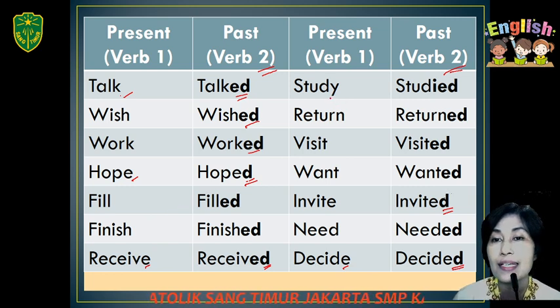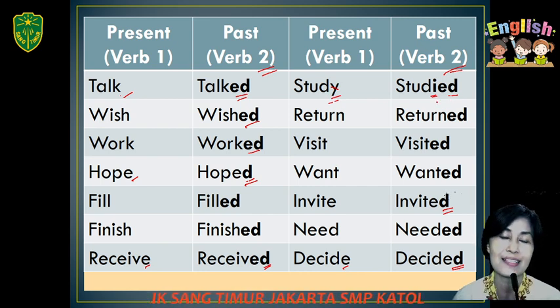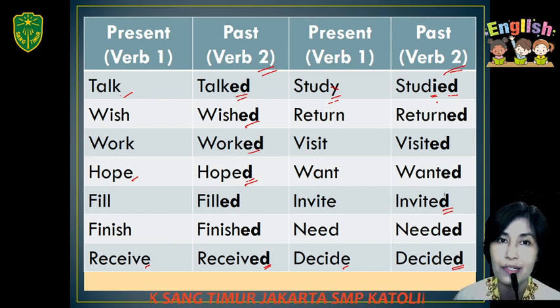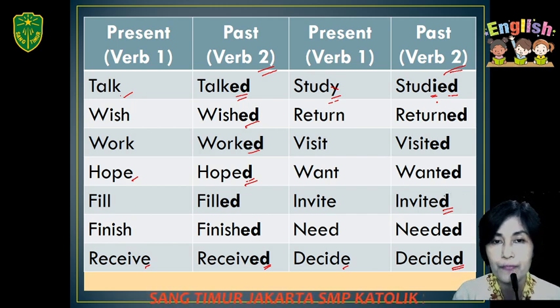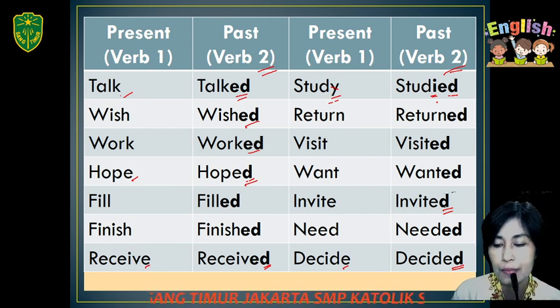Well, what about study? Since the word ends in y, you have to omit y, and then add i, then ed. Study, studied, like this. You can find more verbs in your dictionaries and use them in sentences. Please practice them as much as possible.